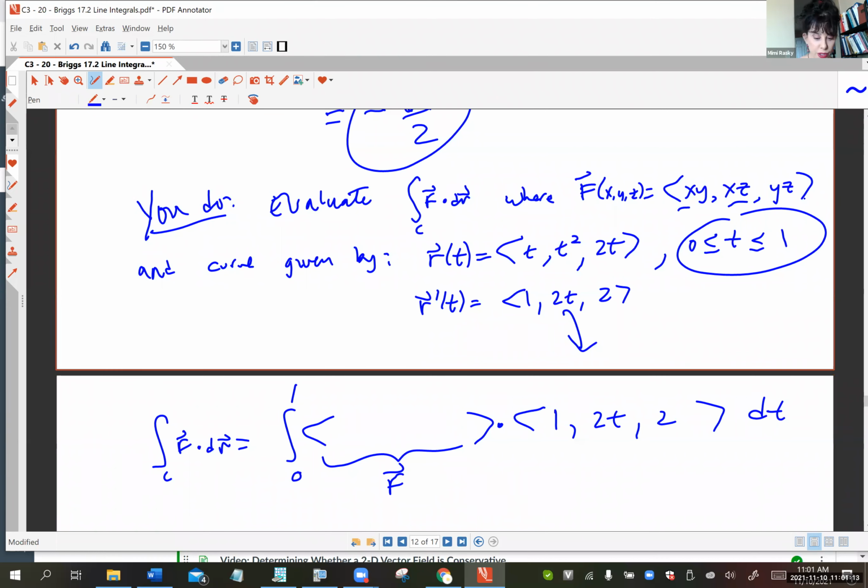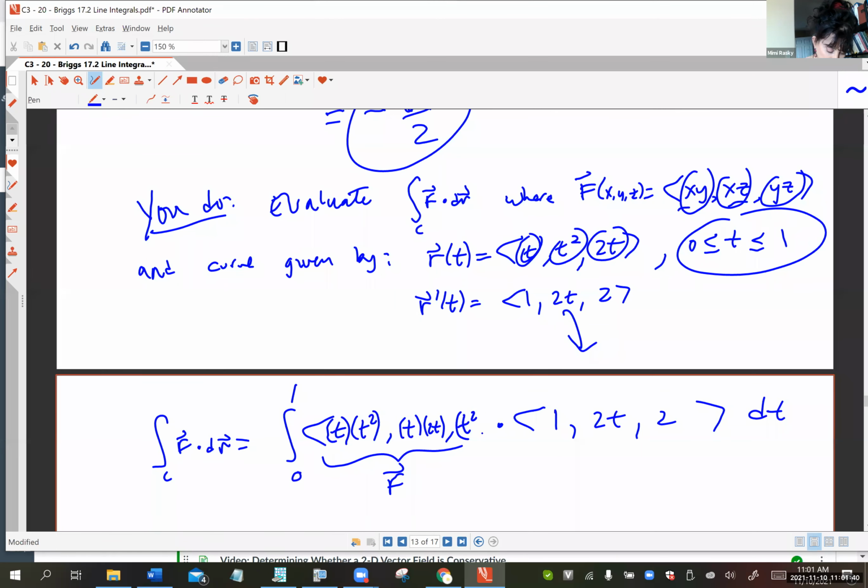So the xy will become, you take the x component from your original vector valued curve times y, so that's going to be t squared. So our first component is t squared. And then xz is going to be t times 2t, and yz will be t squared times 2t.